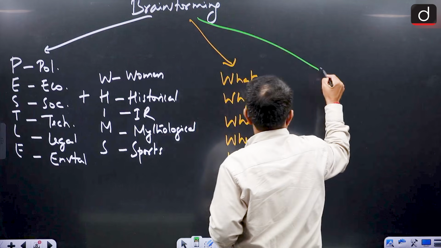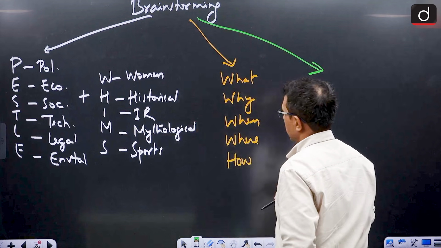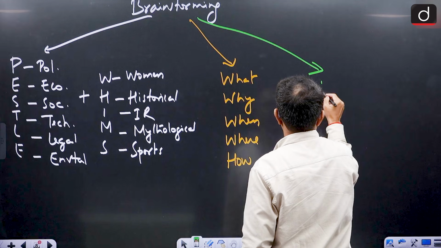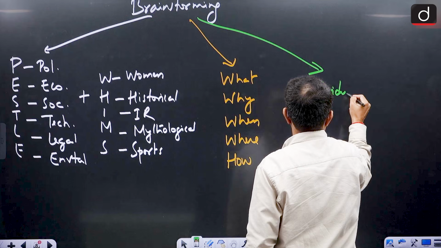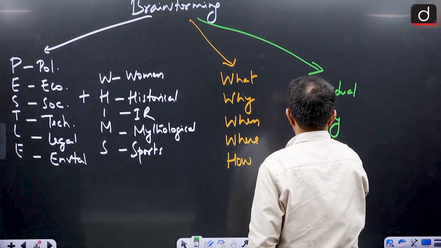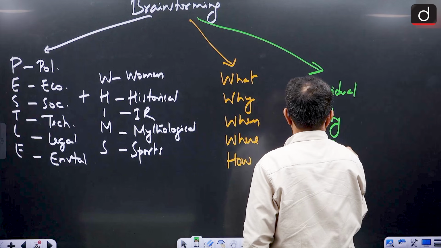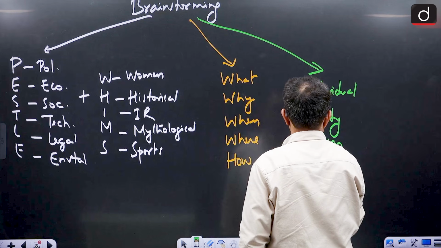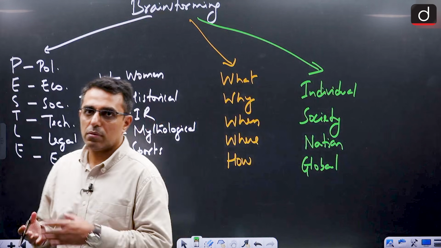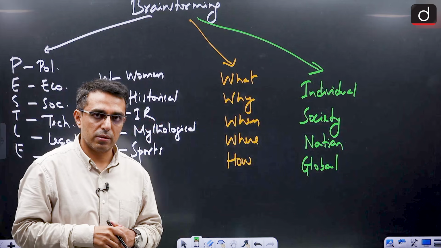Another way of doing it is to look at the topic and its impact at the individual level, then at the level of society, then at the level of country or nation, and globally. So this is how we can explore a topic.